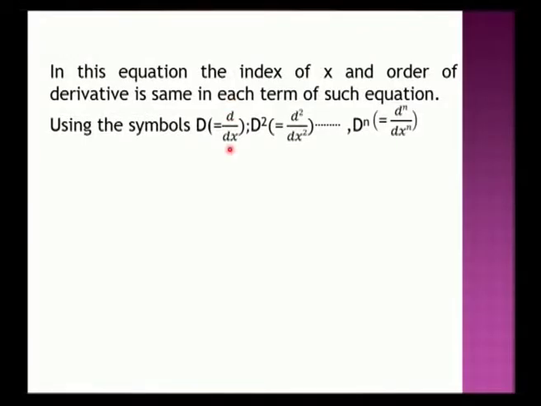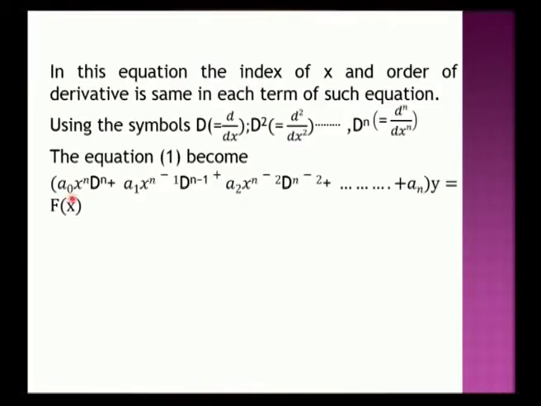The D symbol is used instead of differentiation, where first D is equal to d/dx and D squared is equal to d^2/dx^2, that is, the double derivative of a function with respect to x is symbolically represented as D squared. In a similar manner, if you extend to all powers of D, finally we will get D^n, that is, the derivative of a function n times with respect to x, denoted as d^n/dx^n.